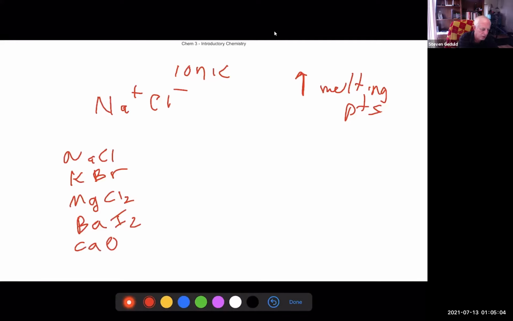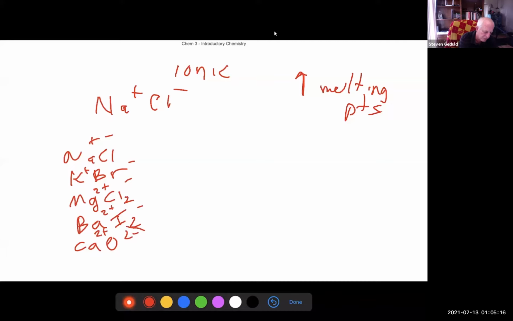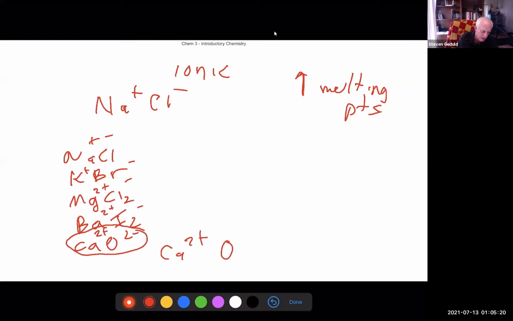You look at Na plus, that's a plus and a minus. This is a plus and a minus. This is 2 plus and a minus. This is 2 plus and a minus. This is 2 plus and 2 minus. Remember, calcium has a +2 charge, oxygen has a -2 charge. That's going to hold it tighter than just a plus and a minus, or a 2 plus and a 1 minus.